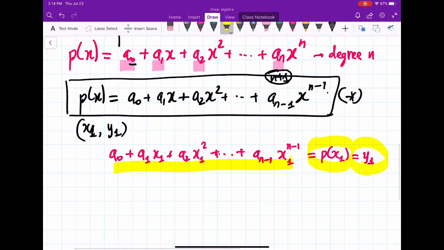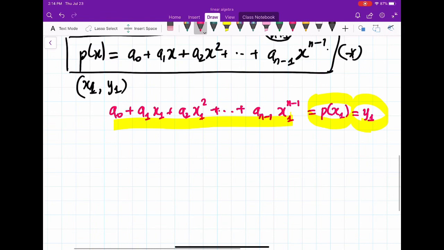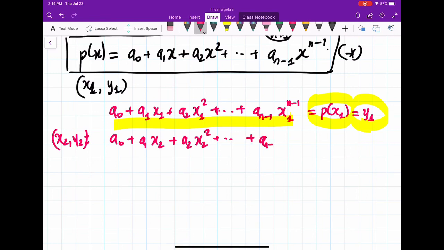So we have one equation for the first point. That means if you have n points, you have n equations. Okay? So let me write it down. You plug x2, y2 into the equation, you get a0 plus a1 x2 plus a2 x2 squared and so on plus a(n-1) x2 to the n minus 1 equals y2, and so on.